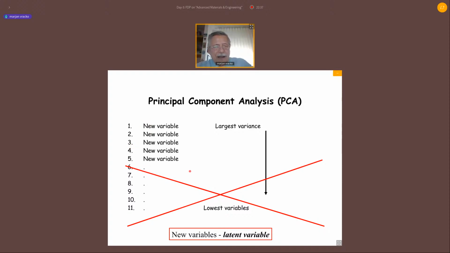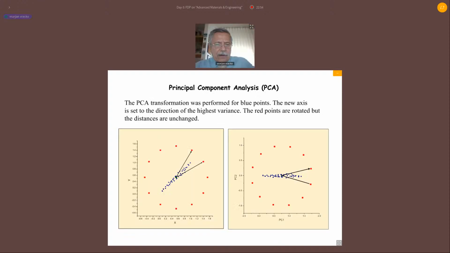And this method is very often used, it is a standard method in engineering and science, because we all the time have a large number of variables. Again, this is our simple example.